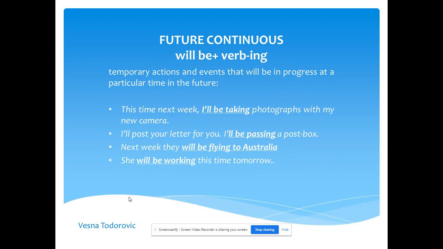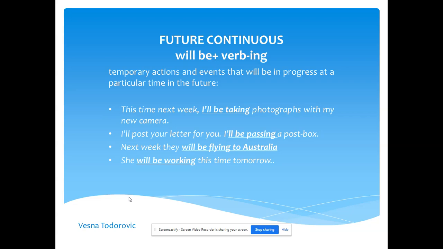Future continuous is another verb form to be used in the future. It's formed by will be plus verb ending in ing. And what does it describe? It describes an action in progress or a temporary action which will be happening at a specific moment or time in the future.